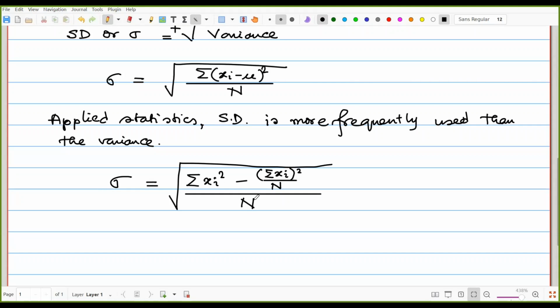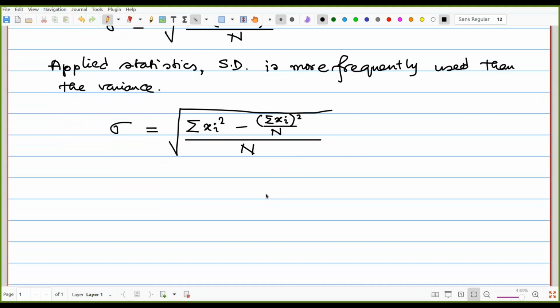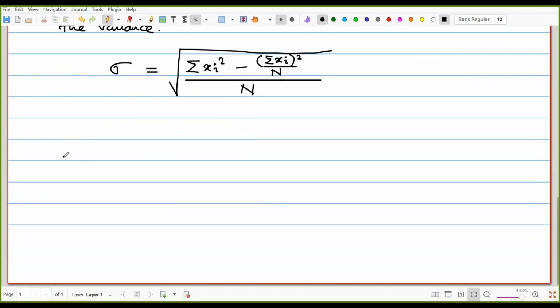Okay, now let's check that formula with an example. The previous example was the same, where the data are x: 20, 15, 19, 24, 16 and 14.